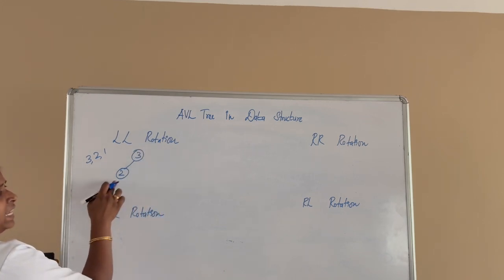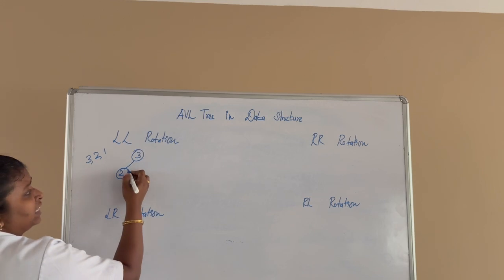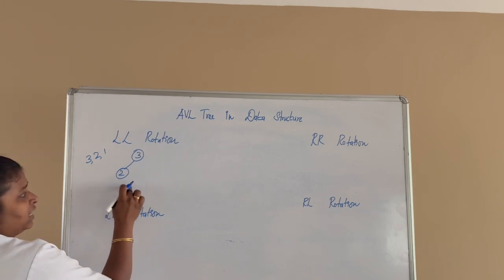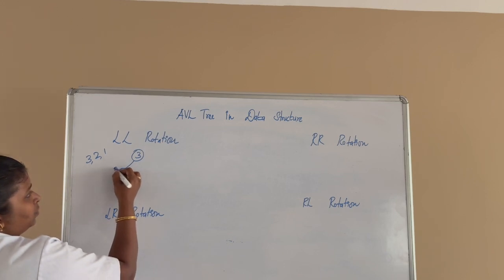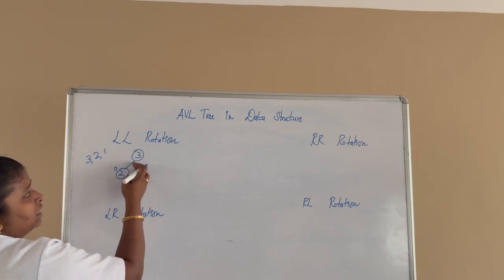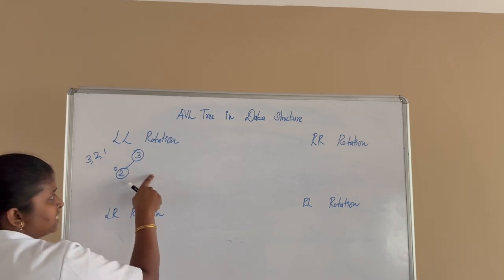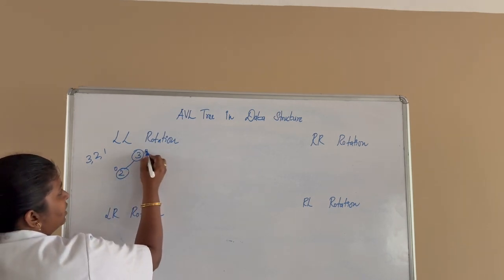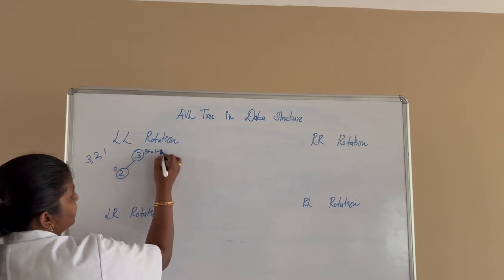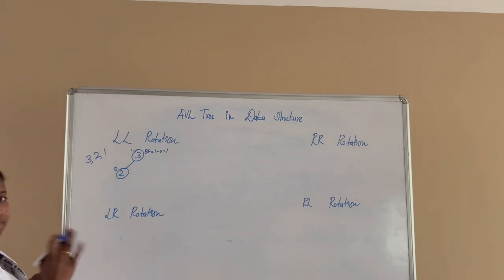It doesn't have any left or right child, so the balance factor will be 0 minus 0, that is 0. For the root node we check the balance factor: we have 1 left child and 0 right child, so the balance factor is 1 minus 0, that is 1. So the tree is balanced now.